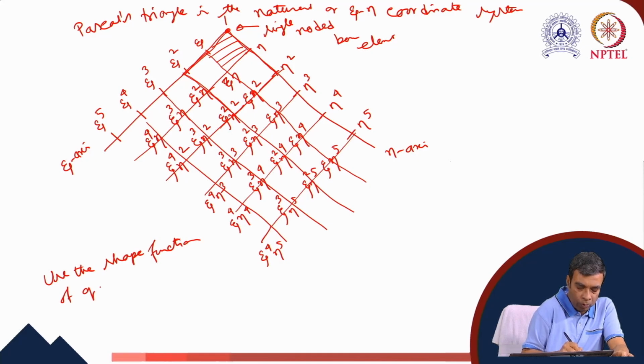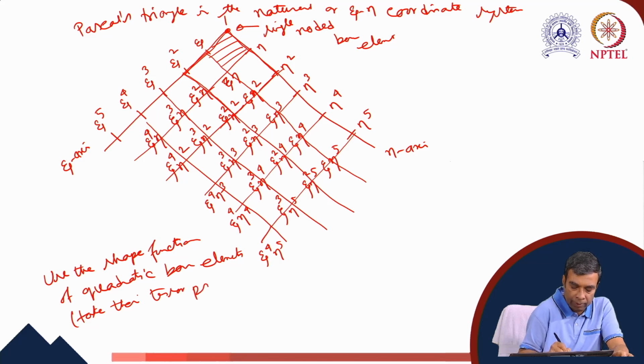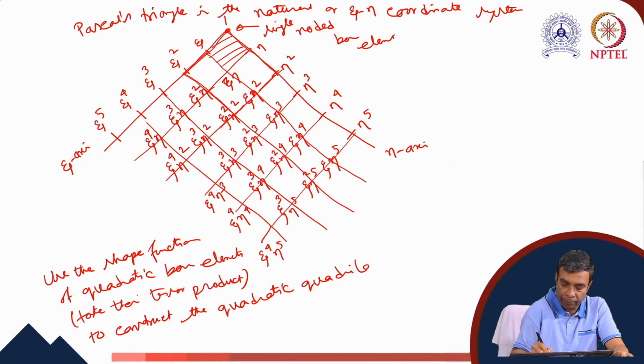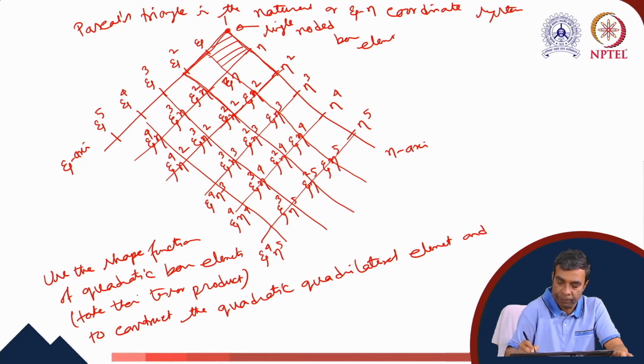of quadratic bar elements, take their outer product or tensor product to construct the quadratic quadrilateral element and their shape functions.